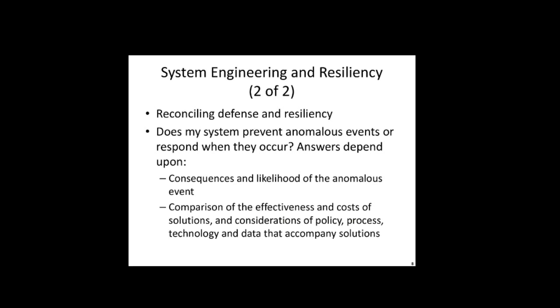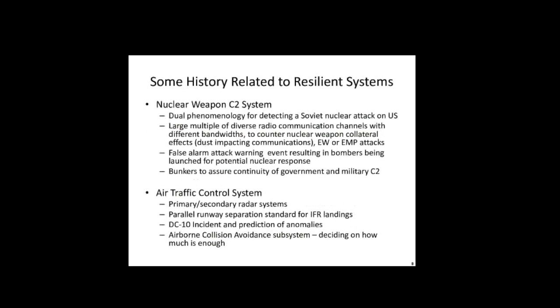That could be defense solutions, or they could be resilient solutions, reconfigurations. And this brings together the need to consider policy, process, technology, and data assessments to make a decision about how to complement defense and resiliency with each other in a manner that's most productive. So that's how I frame the top level version of this problem.